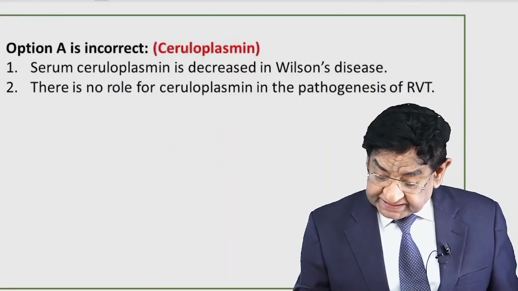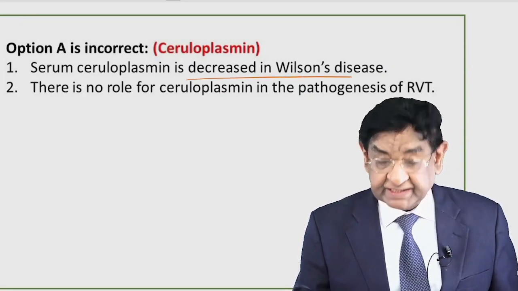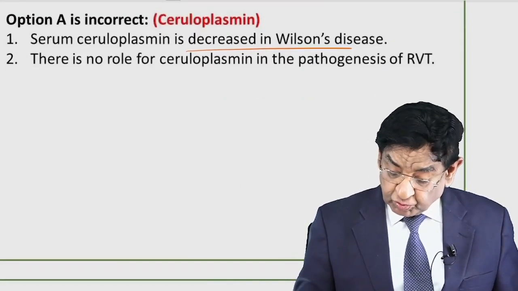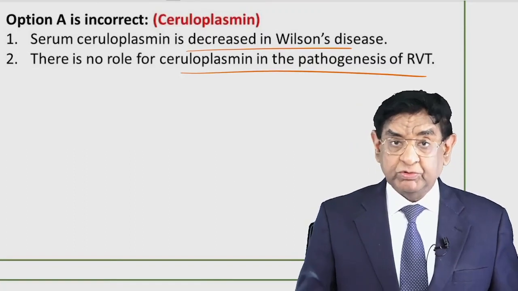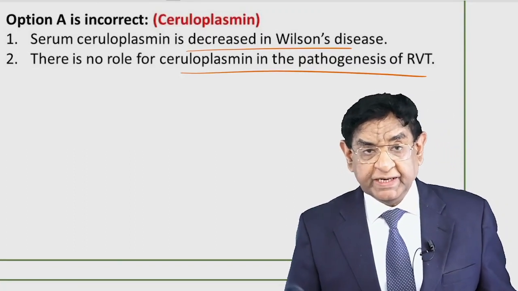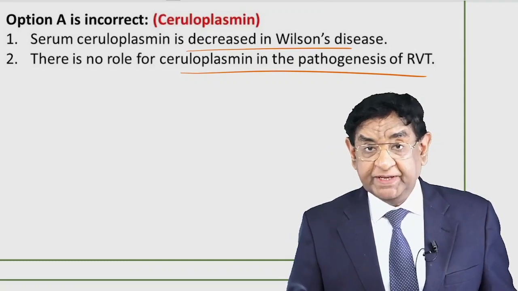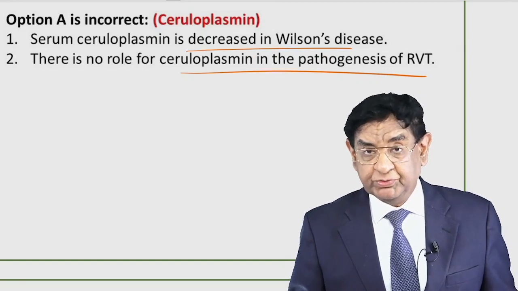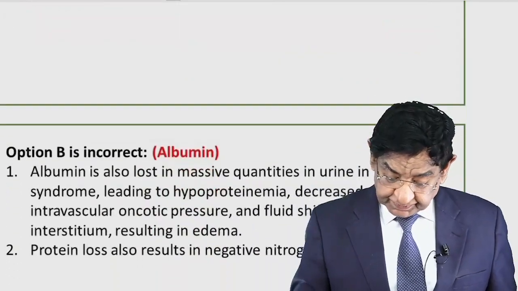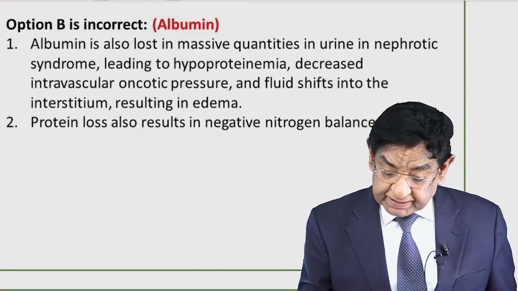Ceruloplasmin level is decreased in Wilson disease. It has no role in the pathogenesis of renal vein thrombosis. Although due to non-selective proteinuria ceruloplasmin level may be reduced because it's filtered out, it doesn't contribute to renal vein thrombosis. Similarly, albumin goes out.